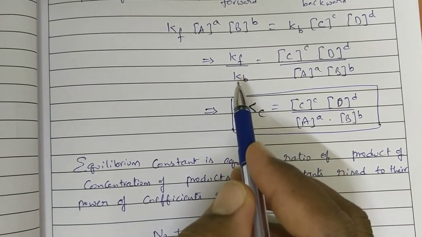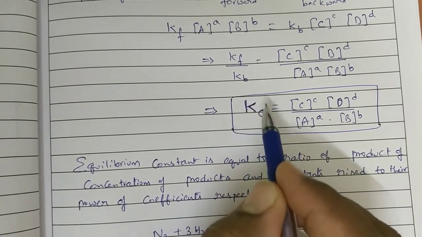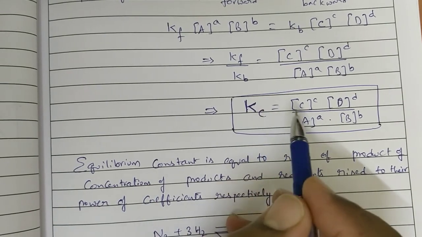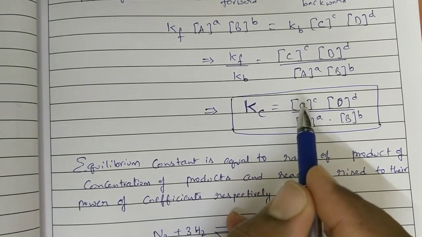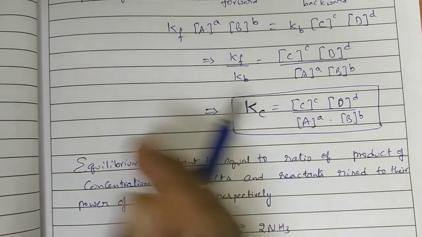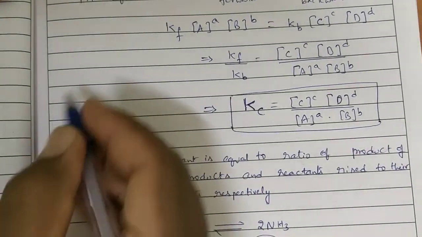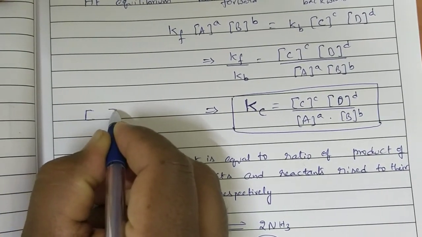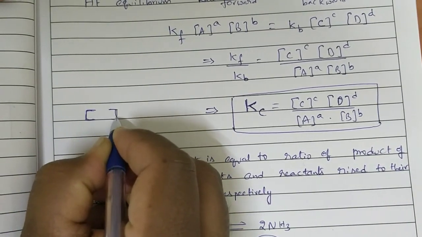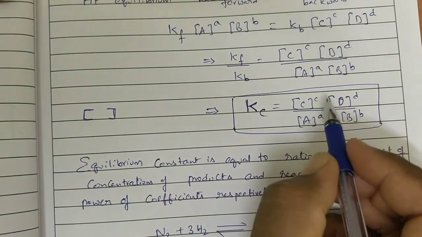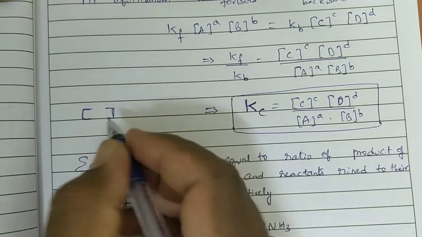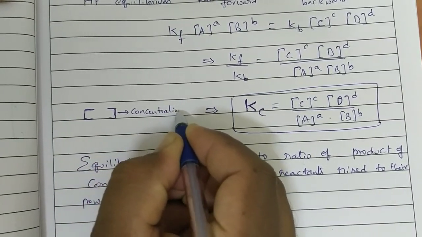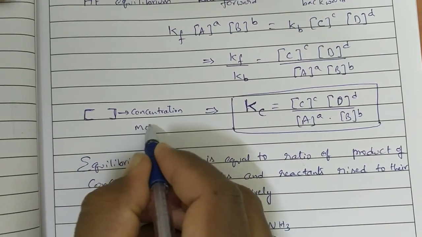Kf is a constant and Kb is also a constant, and we give one new constant called K, with subscript C representing that reactants and products are expressed in concentration. Now you need to remember one important point: the square bracket on the right side denotes concentration, that is, molarity.